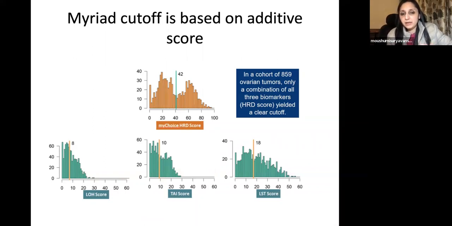But when these were combined, there were clear-cut two populations, one which responded to the PARP inhibitors and one which did not respond, and the cutoff could be set somewhere around 42. So that's how the score cutoff of 42 has been derived.